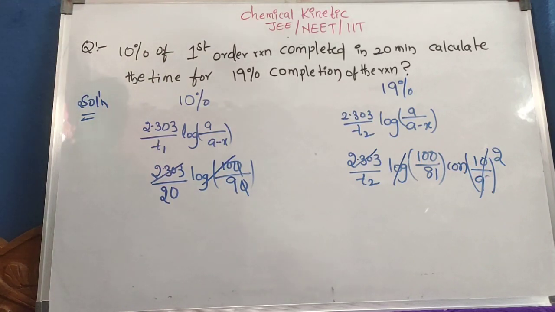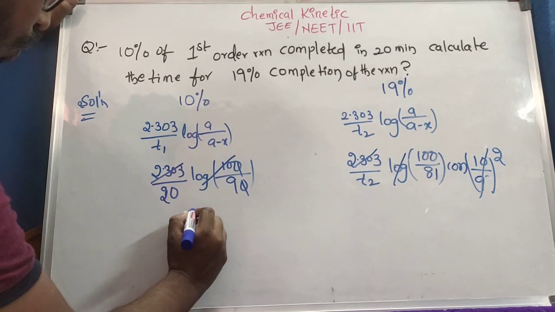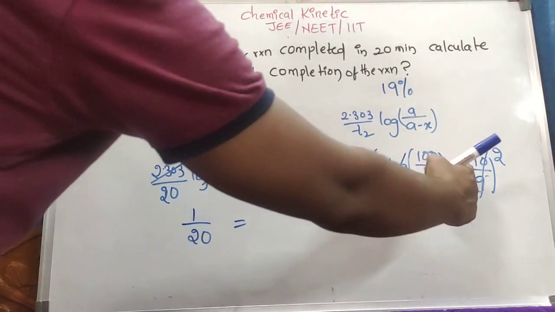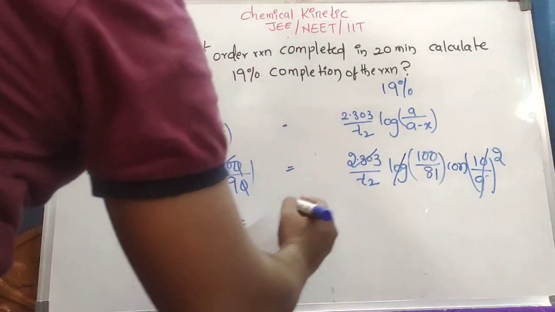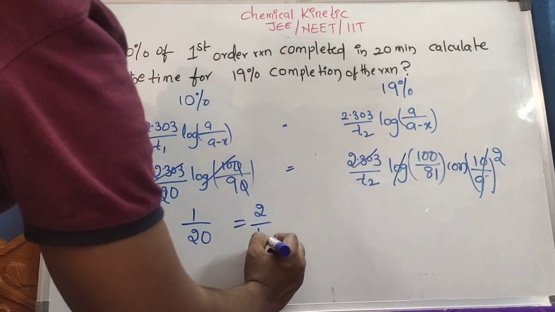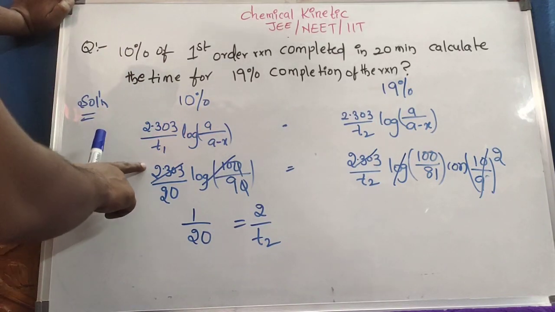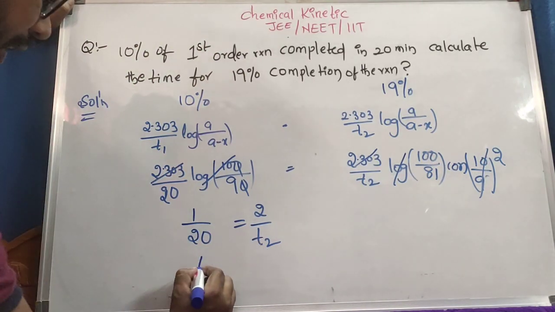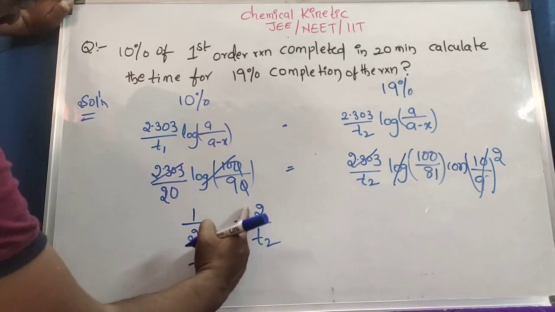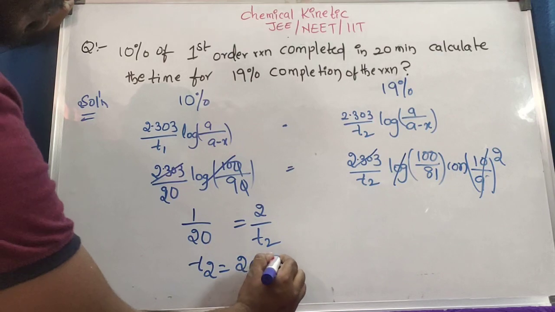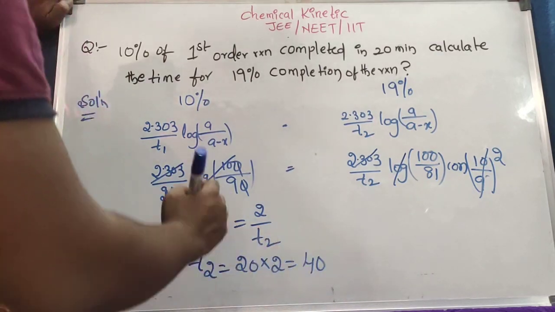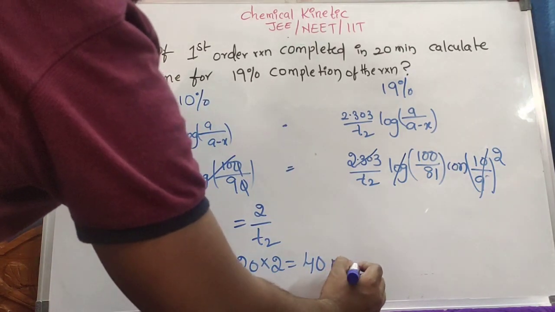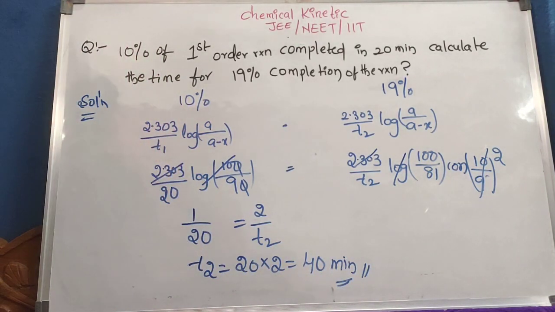So 1 by 20 equals 2 by t2. So t2 equals 20 into 2, that is 40. So for 19% completion of the reaction, the time is 40 minutes. 40 minutes is the right answer.